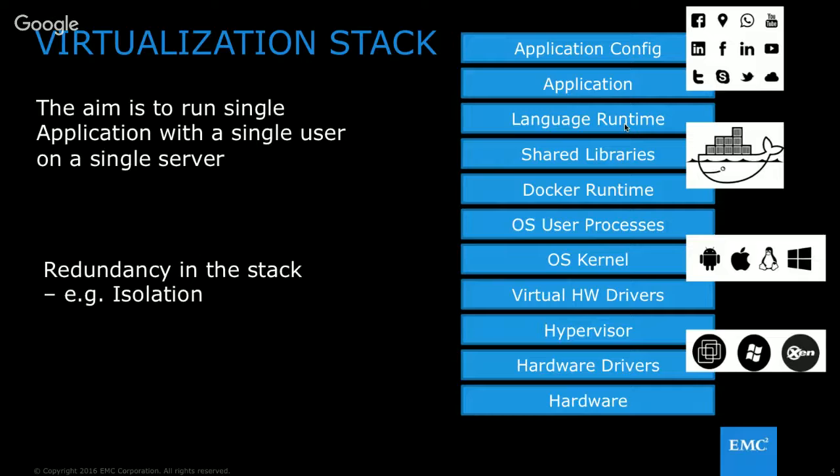For instance, if you're looking at isolation, you have isolation on the hardware, you have isolation on the hypervisor, separating the units. You have a separation of the operating system, Docker is doing dependency separation between the applications, and then you also have separation between the user and the application. So there are a lot of redundancies.